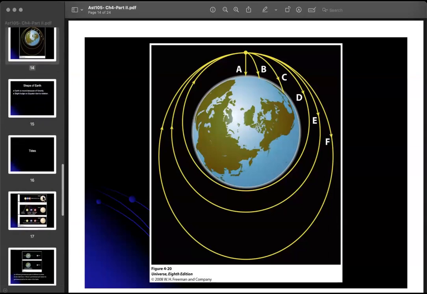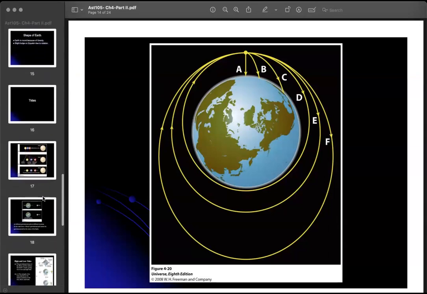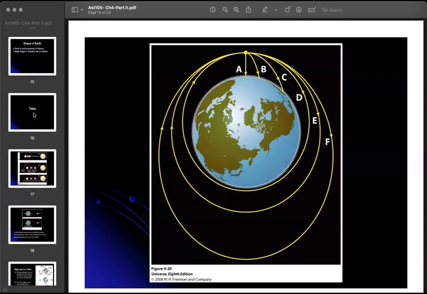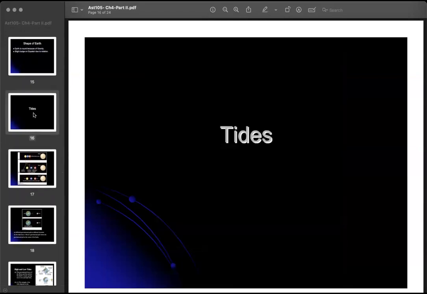All right, we are getting to the last topic here now, which has to do with gravity, and that is called tides. So tides are the regular rise and fall in the level of water in the ocean.